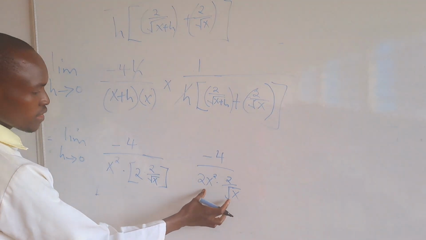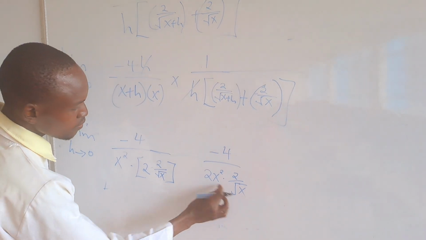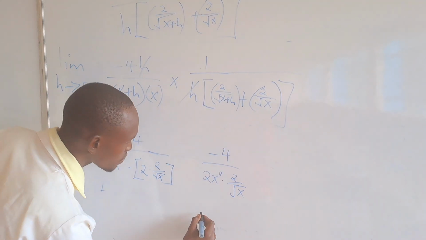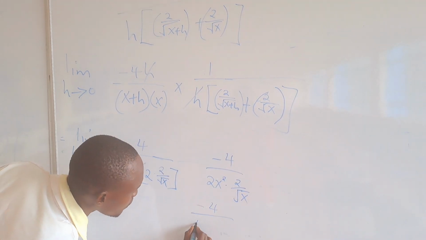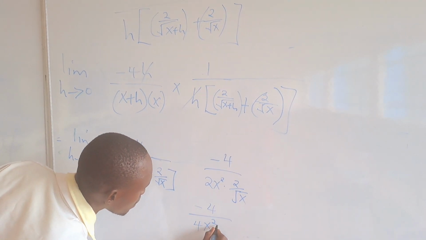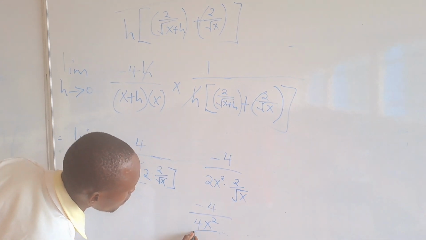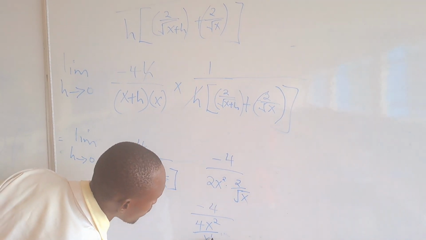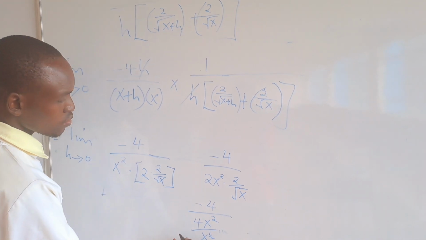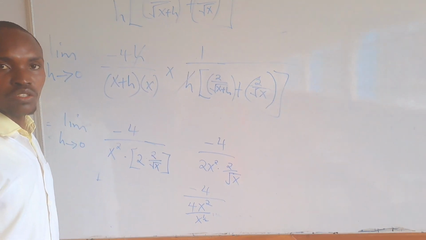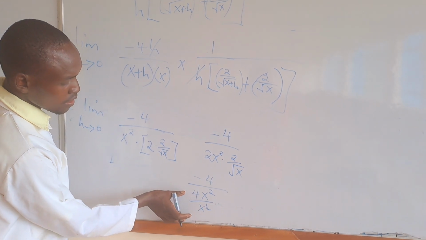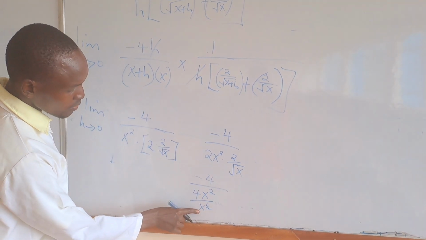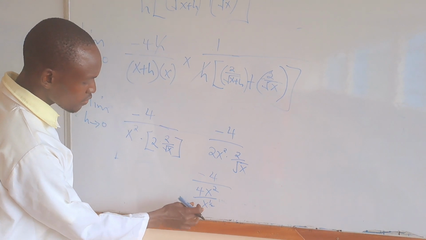If we further multiply this, we have negative 4 divided by 4x squared divided by x raised to power half, because 4 raised to power half is the same as square root of x. But if you have this, then we have the same numerator, we have the same base.